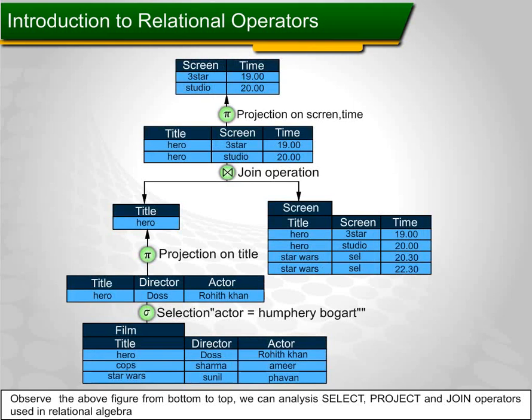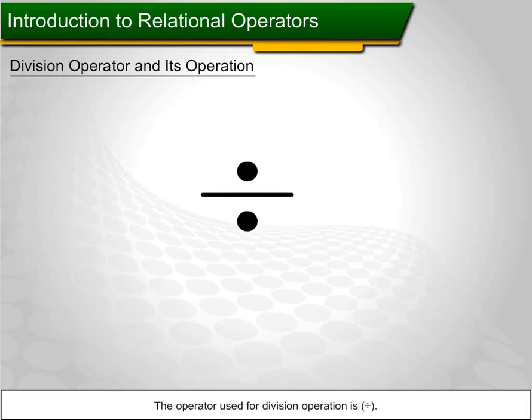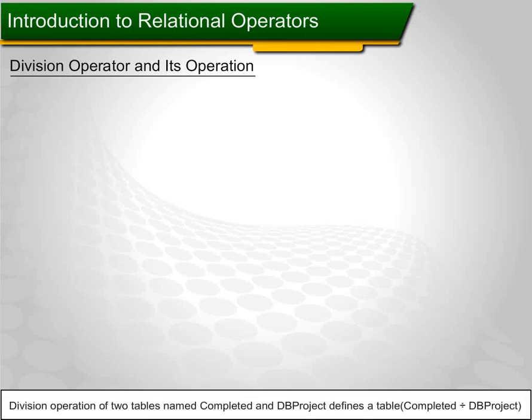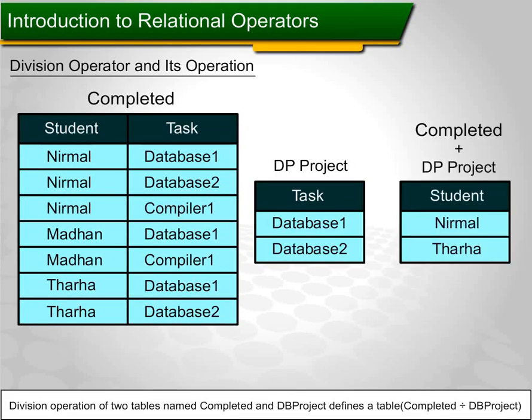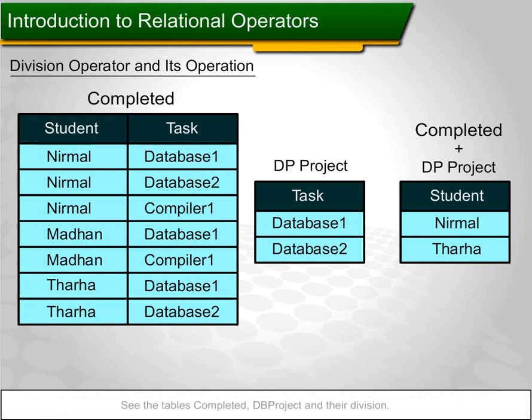Observe the above figure. From bottom to top, we can analyze select, project and join operators used in relational algebra. Division operator and its operation. The operator used for division operation is division. Division operation of two tables named completed and DB project defines a table, completed divided by DB project, over the column result that consists of the set of rows from table completed that match the combination of every row in DB project.